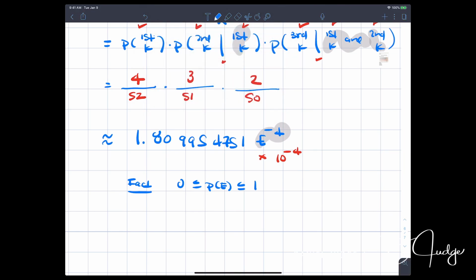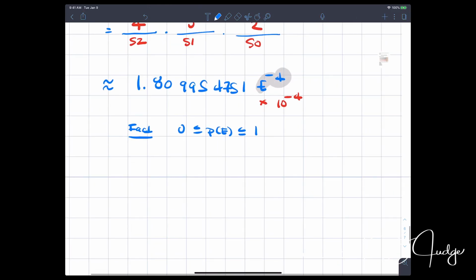So when you look at the digits, let me do it over here. We'll put 809954751. We really don't have to put all those digits. The 10 to the minus 4 means move the decimal 4 spaces to the left. 1, 2, 3, 4.